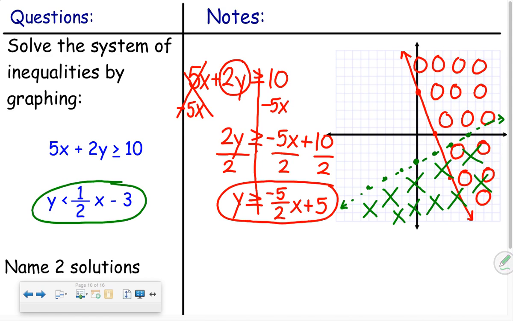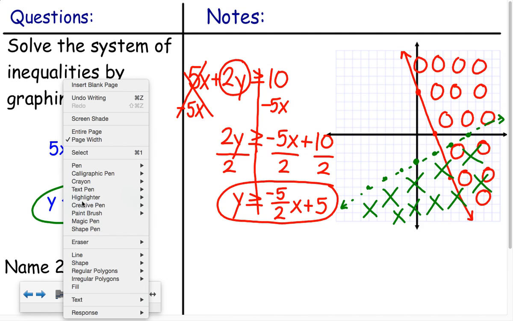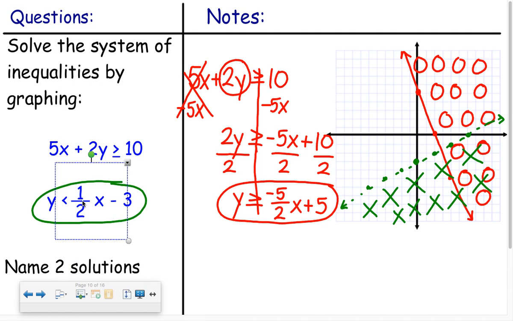Now I'm going to look at where my x's and o's overlap. Well, they overlap in the bottom right-hand corner. So this right here is my solution area. So I'm going to shade in this area. So any ordered pairs that fall in this area would be a solution.